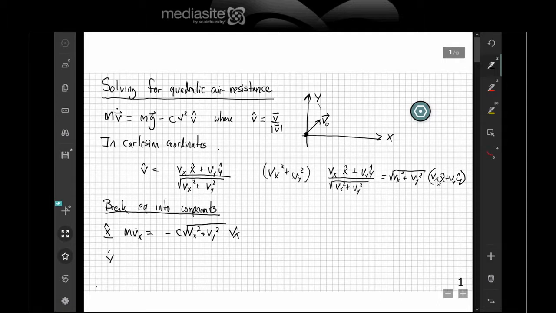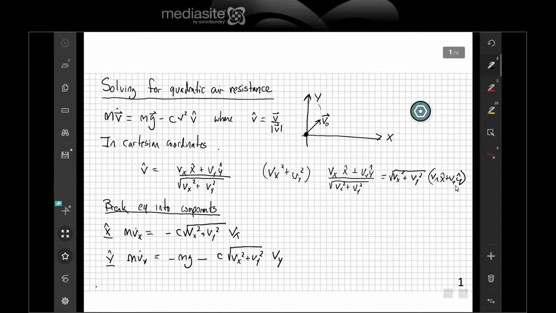Then in the y direction, I'm going to have m vy dot equals minus mg minus c, because gravity only acts in the minus y direction. Then again I look at the y component of this. That's this times that, and so what I'm going to have there is vy. Okay, so those are my equations.